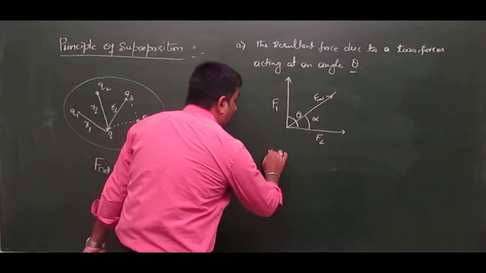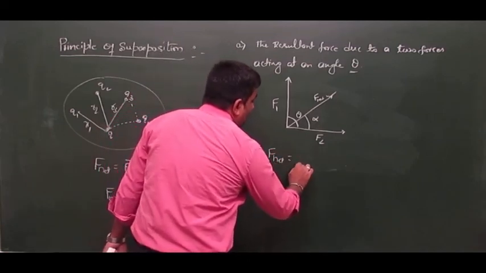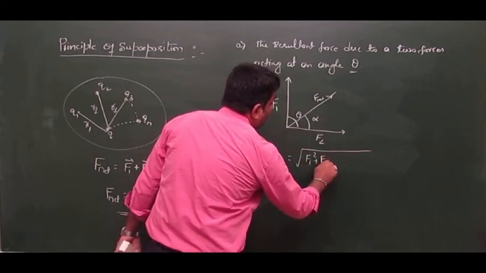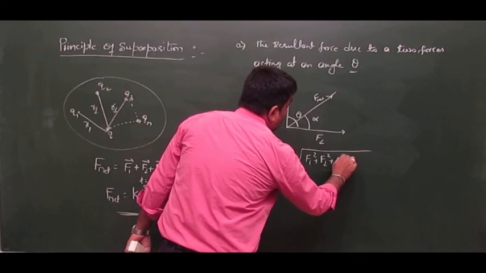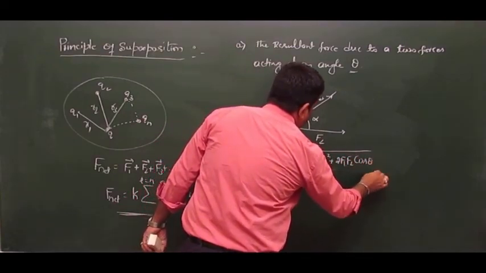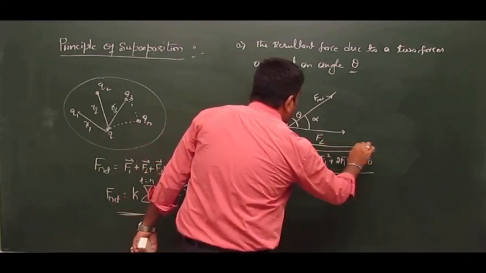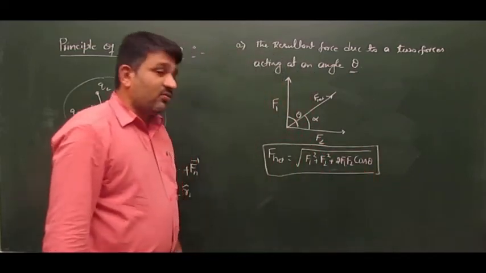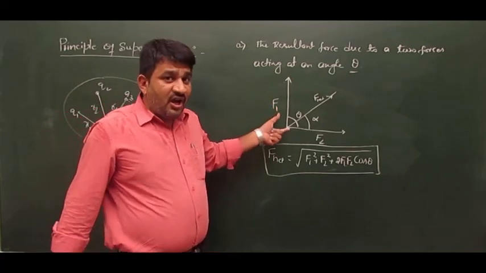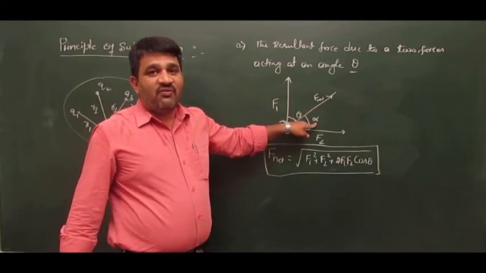See here, F net is equal to the square root of F1 square plus F2 square plus 2 into F1 F2 into cos theta. This is the expression which is used to measure the magnitude of the force when the two forces are acting at an angle theta. And what is the direction? What is the value of alpha?